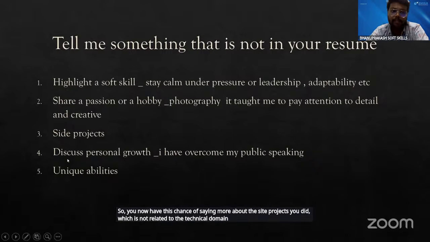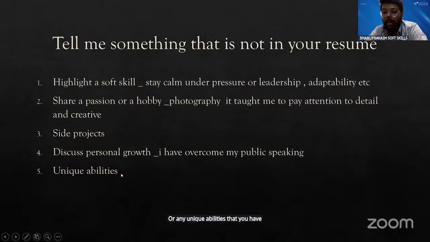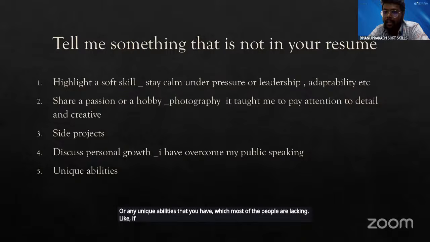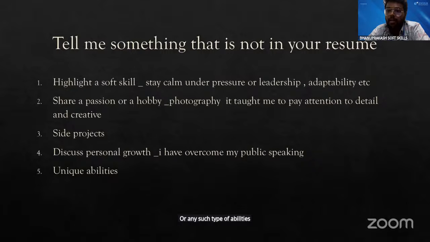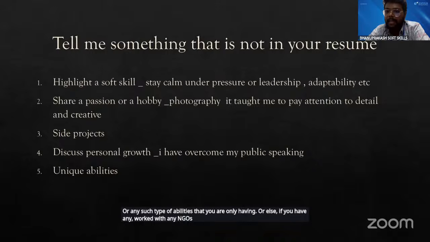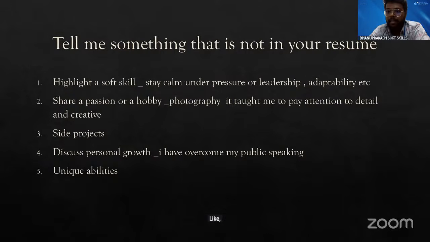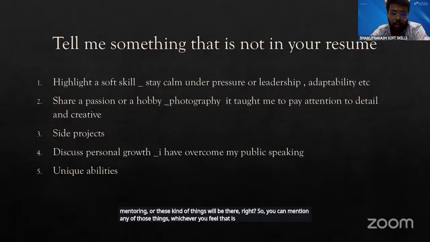Or else discuss any personal growth that you overcame, or any unique abilities that you have, which most people lack. Like painting or any such abilities that only you have, or if you have worked with any NGOs, or participated in any particular programs in your college time, like mentoring, these kinds of things. You can mention any of those, whichever you feel is good according to you.